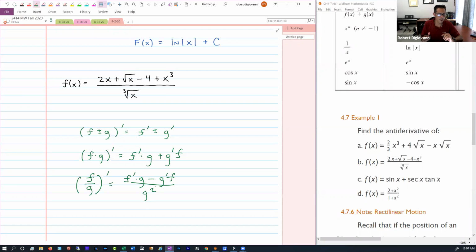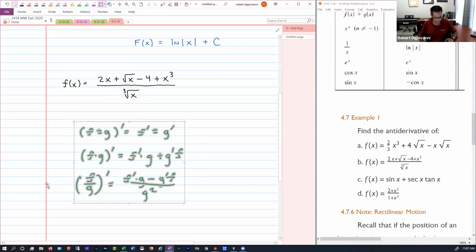If you're trying to find the antiderivative of a product, it's not just the product of the antiderivatives. And if you're trying to do the antiderivative of a quotient, it is not just the antiderivative of the top and bottom separately. Unfortunately, that's not the case. If it were, I think calculus would be a much easier course in general. So we don't have that happening.